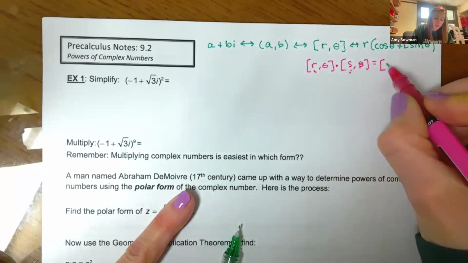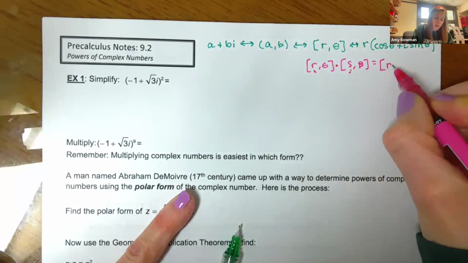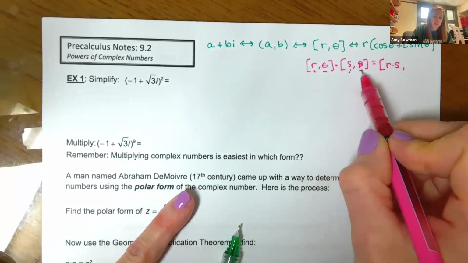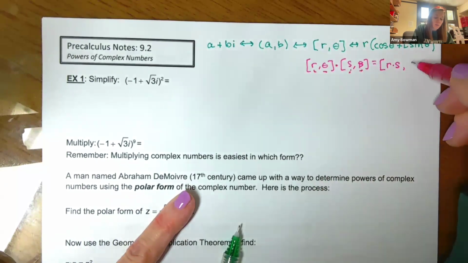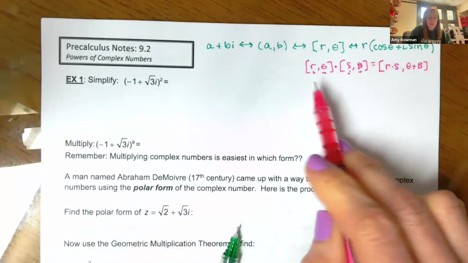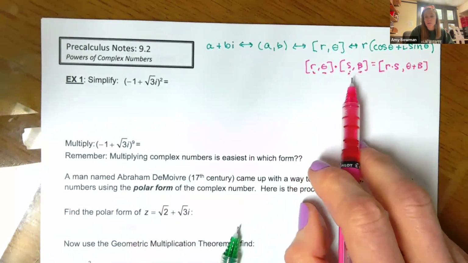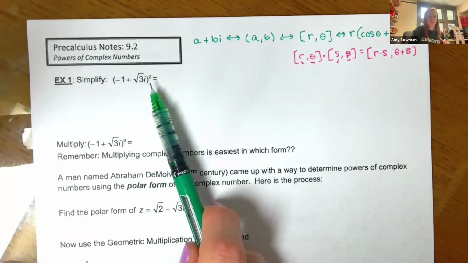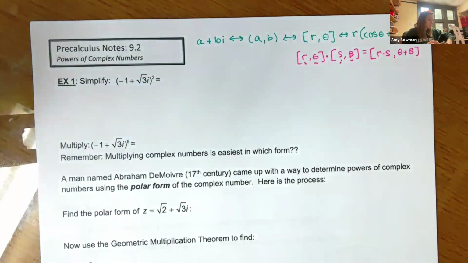We multiply the r values, and then for the rotations, we just add those together, so this would be theta plus beta. So this is how you multiply complex numbers, and we're going to be applying that today as we find powers of complex numbers, because powers of numbers are just repeated multiplication.